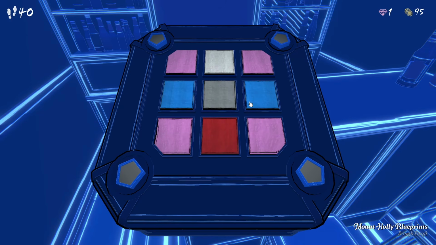Let's try that again. If I put white in the middle, get rid of those, that becomes 3, which is now correct. So now I just have to rotate around.